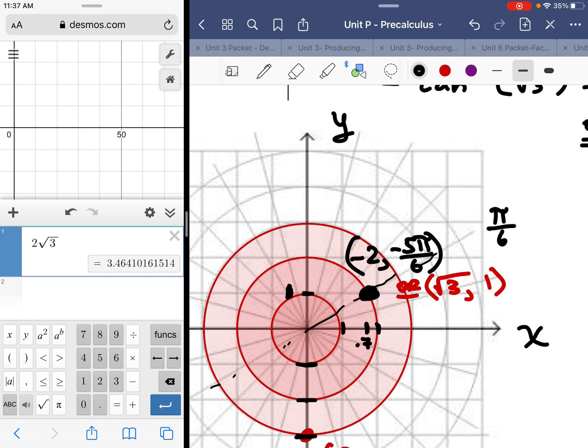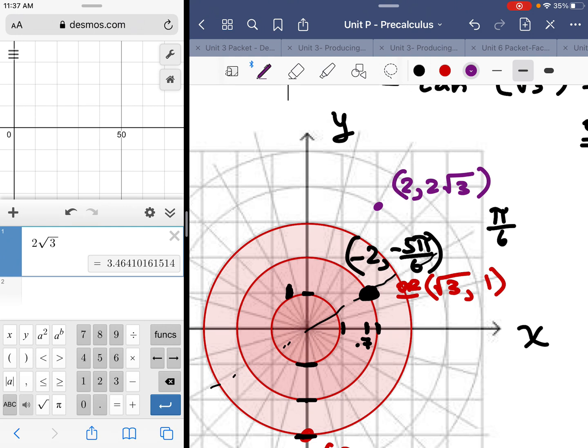Well, 2 radical 3 is about 3.5, roughly. So I would plot 2 comma, and this diagram is like a disaster now, but let me go purple. 2 comma, roughly 3.5. 1, 2, 3, somewhere around here. Actually, it's going to be precisely right there.